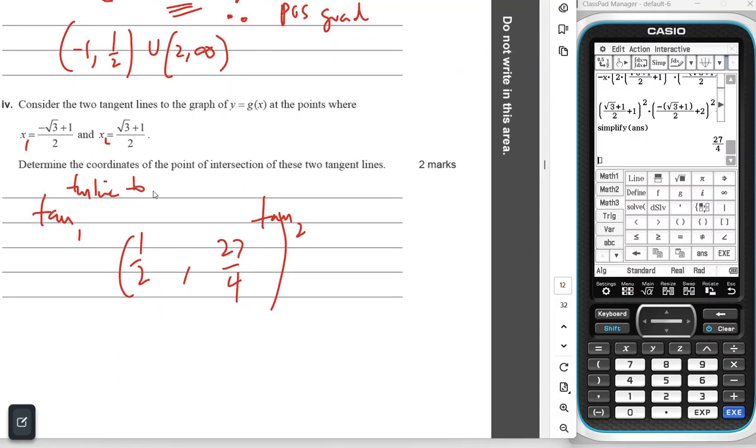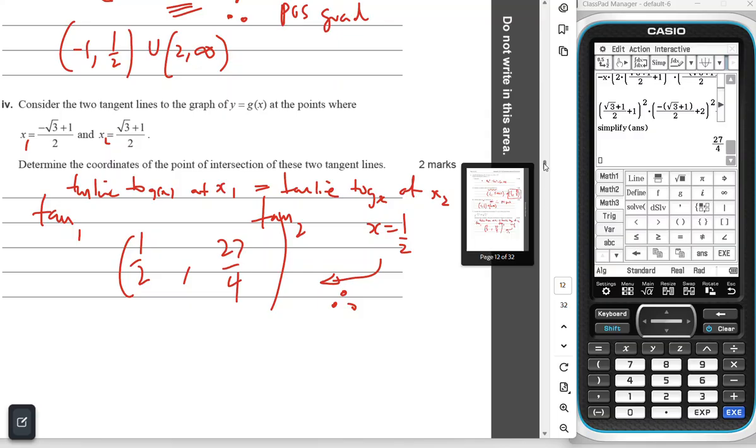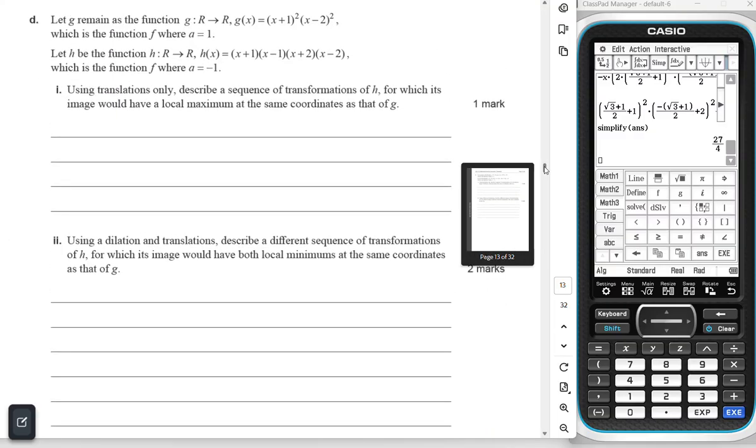Tan line to G of x at x1 equals tan line to G of x at x2, x equals a half, therefore there is my answer. Over the page.